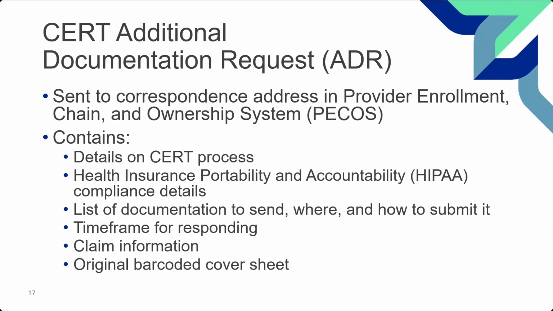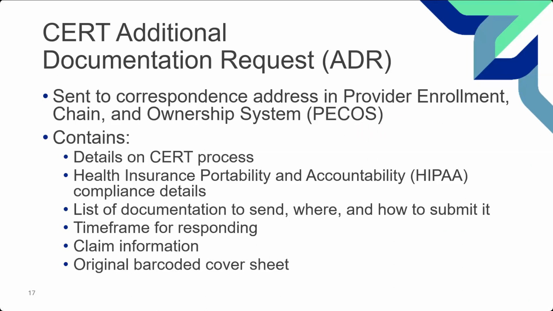Now, the CERT review contractor sometimes will issue an additional documentation request to obtain additional records after that initial request. But when the initial request is sent to obtain those medical records, it's going to ask the provider to send those records for each claim line that's sampled for that CERT review.